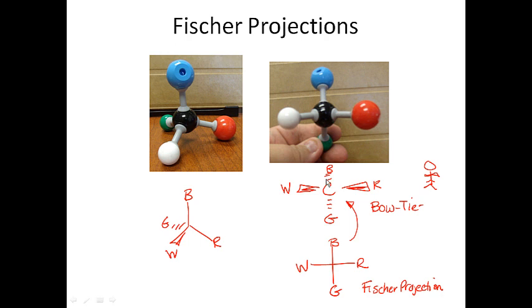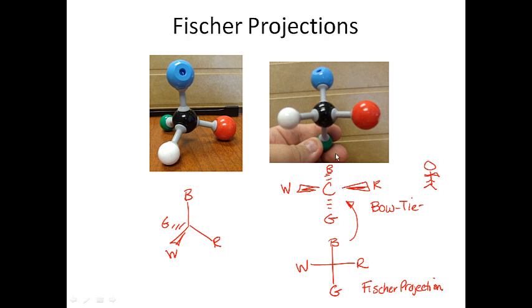Now, if you're going to rotate groups, you have to be careful, because there's something that the book and people will tell you about Fischer projections that you never ever do. I'm not going to tell you what you shouldn't do.